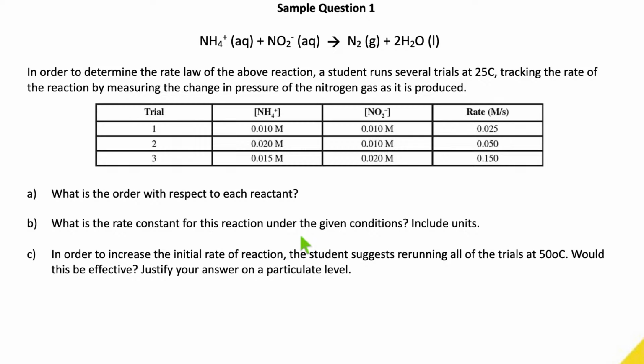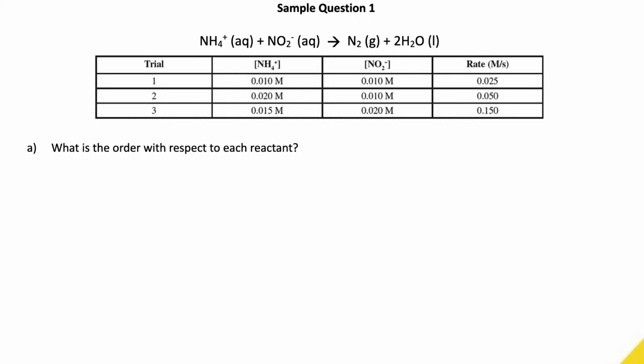Okay, so what I did here is, to give myself a little bit more room, I just said, okay, here's question A. Let's take a look at what's happening here. Now, what you learned in school is if you want the order of each reactant, you write out the generalized rate law: the rate of a reaction is equal to the rate constant times the concentration of the reactants raised to their respective powers.